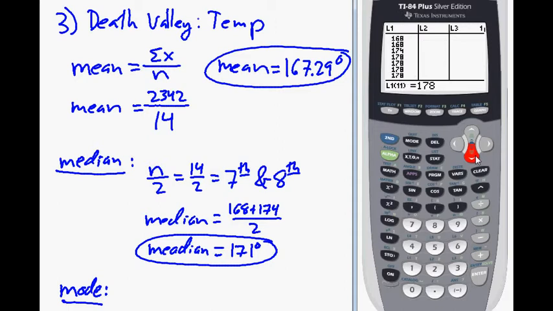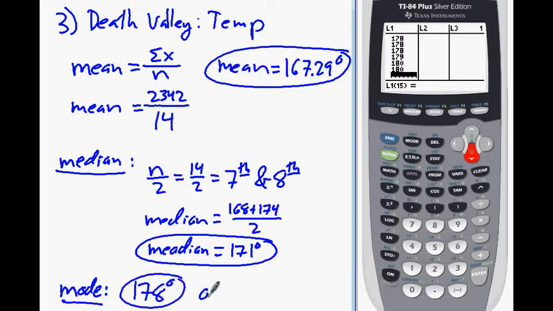Looks like there are 3 178s. Yeah, that looks like probably, yep. So it's going to be 178 degrees, which occurred 3 times.